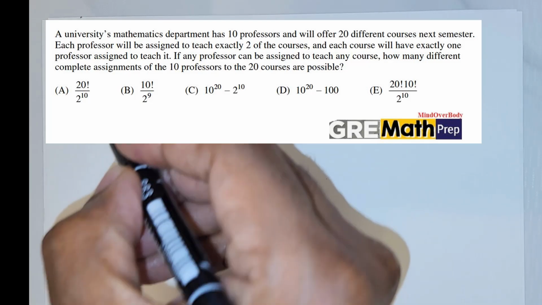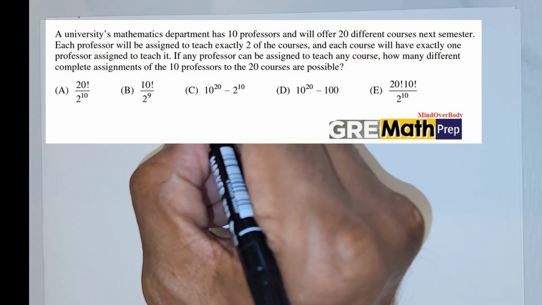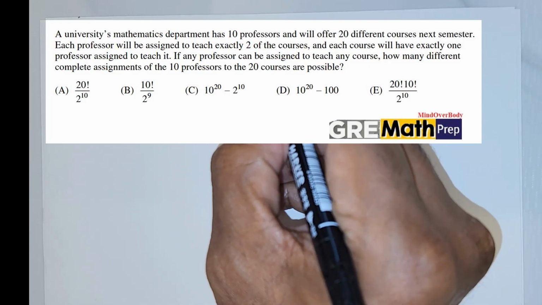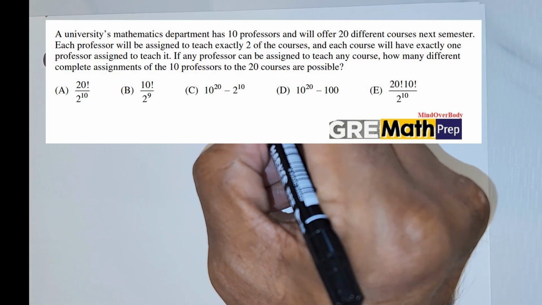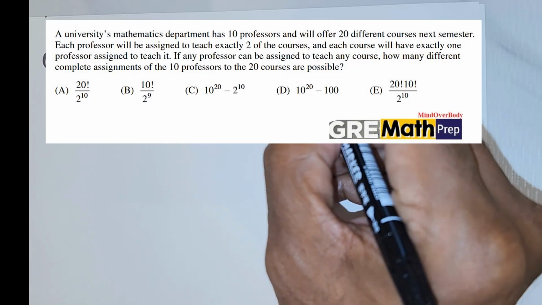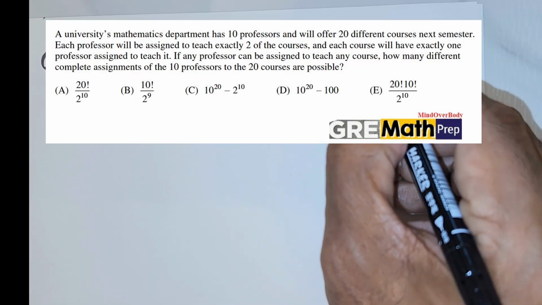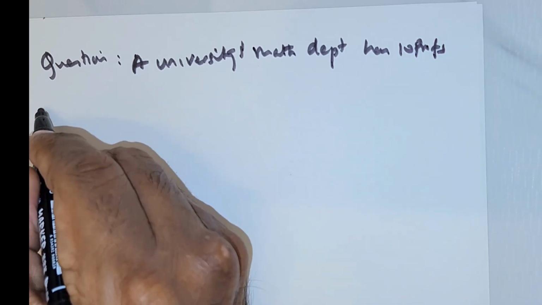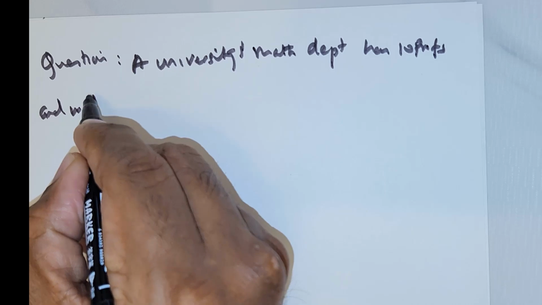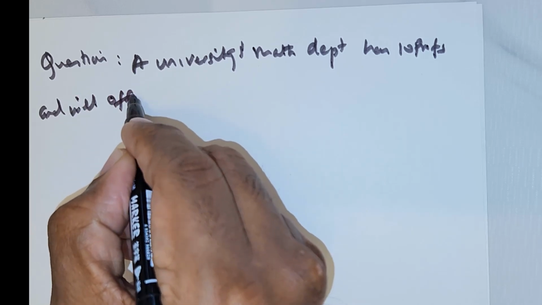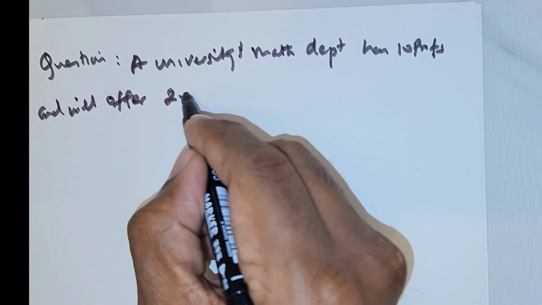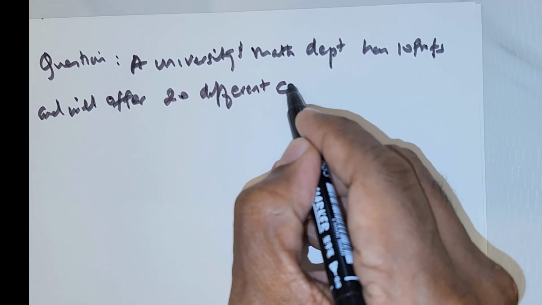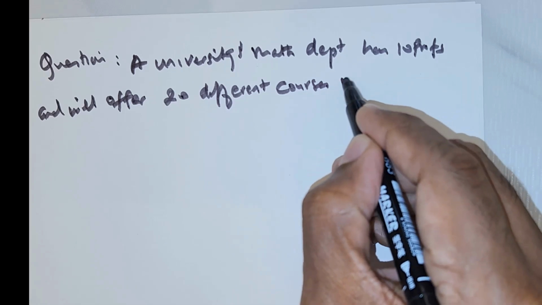Okay, so this is the next question. It says a university math department has 10 professors and will offer 20 different courses next semester.